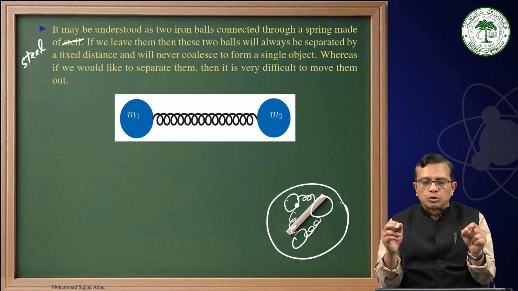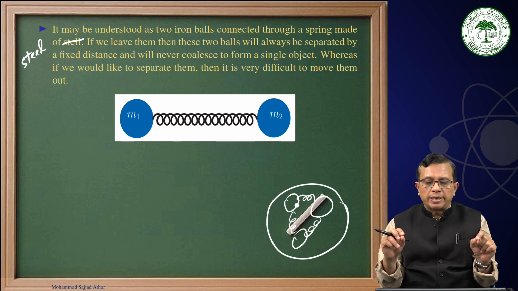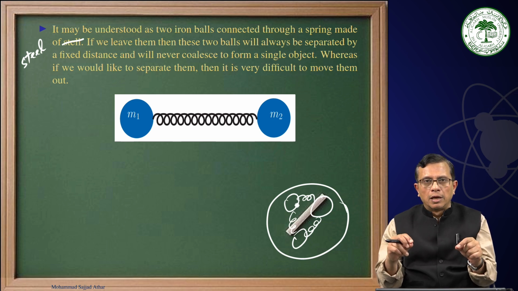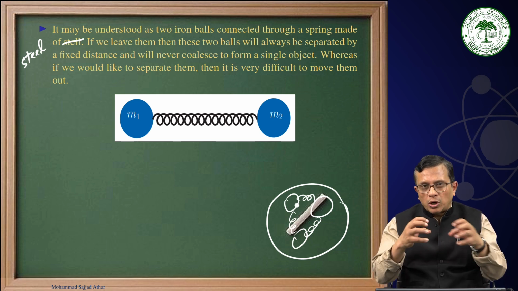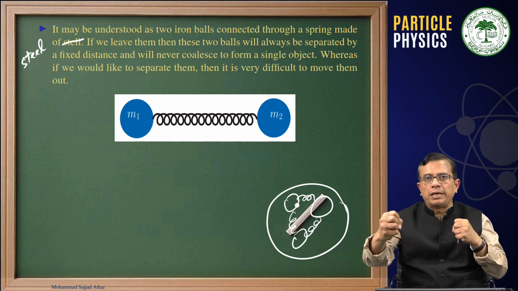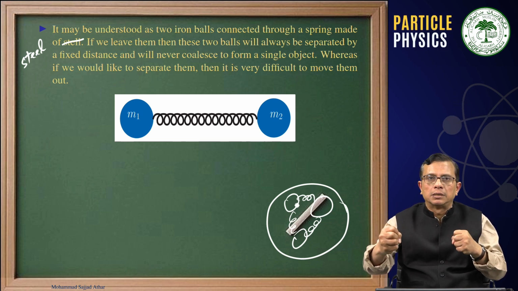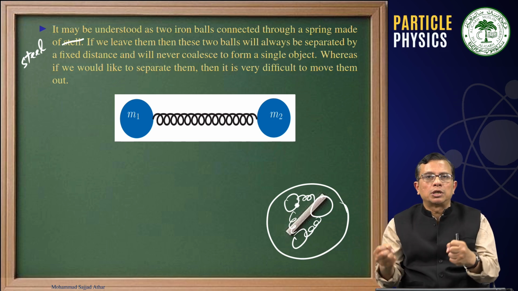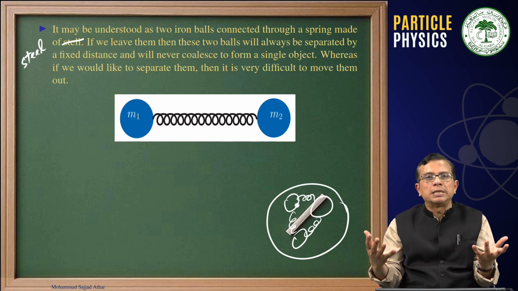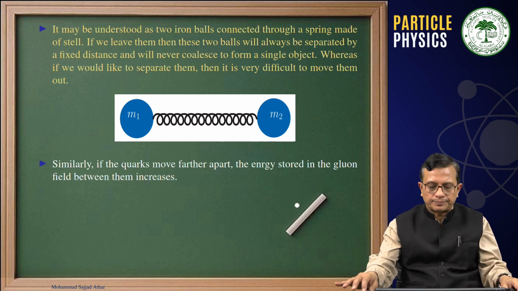It is like two steel balls connected by a spring. But if you want to take them apart, you cannot do it, because we have not seen an isolated quark.